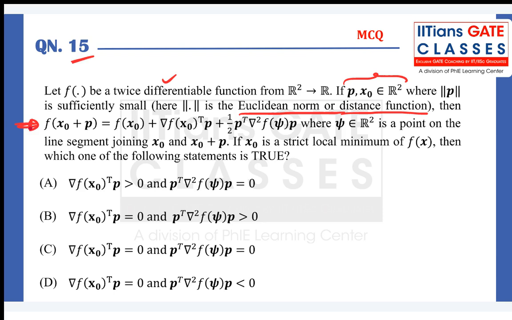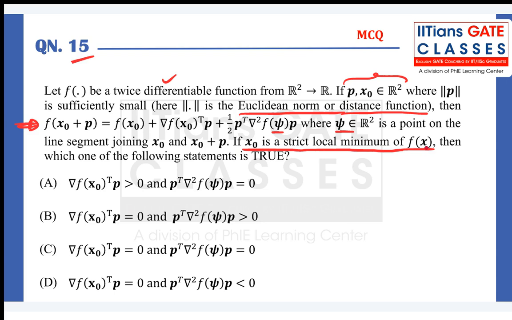Okay, and what they're asking in the end is, these things are not relevant, because this is the classical definition. If you know psi, that is fine. If you don't, that is also fine. But what they're asking is, if x naught is a strict local minima of f of x, then which of the following conditions should be true?